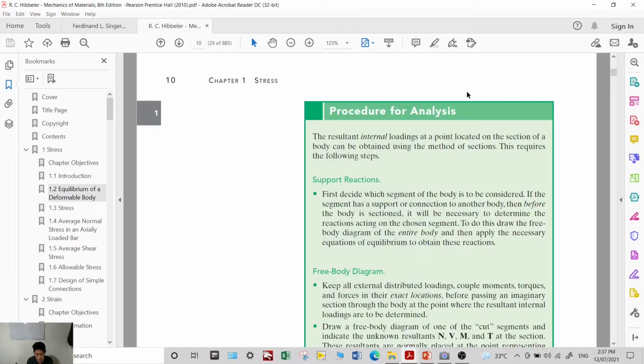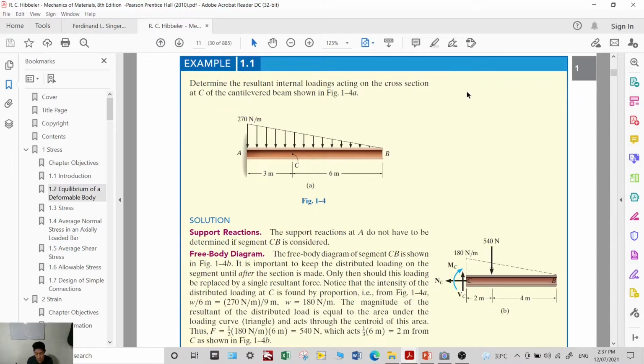For example, how do you get the reaction? This is a cantilever beam. You take the moment and the reactive forces at the support.